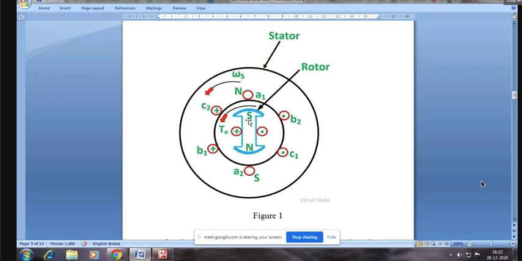It has to overcome the inertia. So effectively we can say that the position of the south and north poles of the rotor will not change initially for a small time. Whereas the position of the poles on the stator will change because it is rotating at a very high speed.